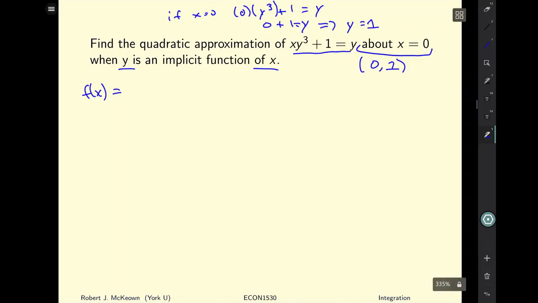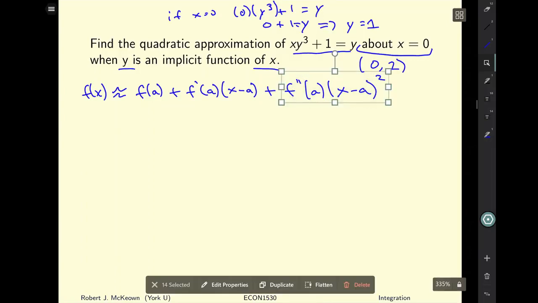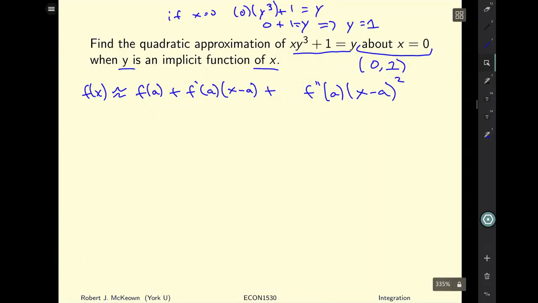We've got f of x is not equal to, it is approximately, an approximation around f of a, plus the first derivative at point a times x minus a, plus the second derivative at point a times x minus a, that's the change in x, squared. And it looks like I was so excited about the squared difference in x, I forgot the 1/2 at the beginning.